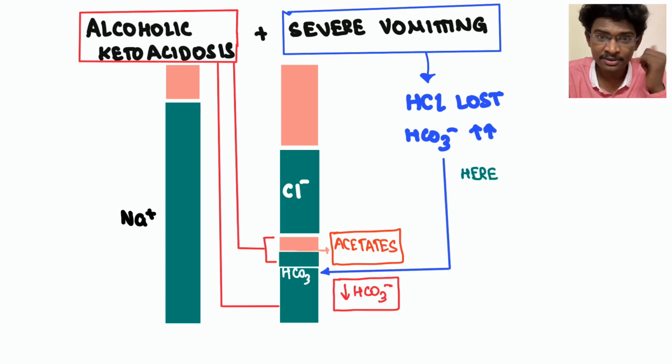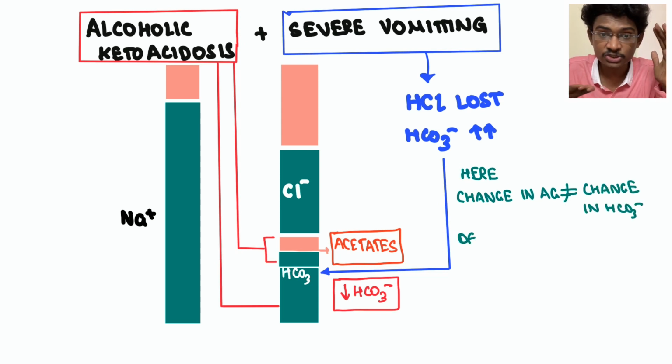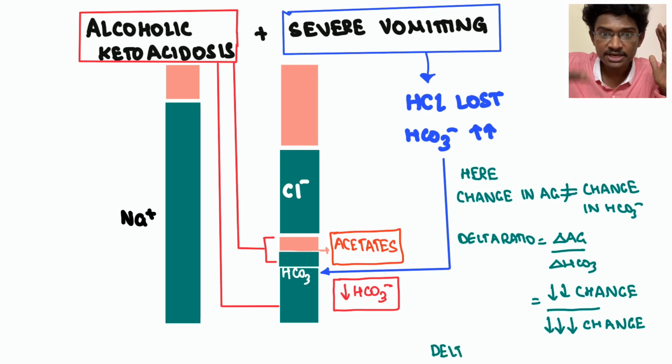So what will happen? In vomiting, HCl is excessively lost from the body. So protons are lost, meaning bicarb is gained. Bicarb increases there. So now the patient's bicarb is actually higher than expected. Now tell me the change in bicarb: 24 minus the bicarb, which has increased now.